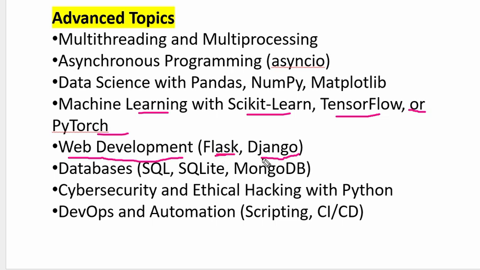Either you can learn Flask or Django. In real time, Flask and Django are both very popular frameworks for Python. So you need to learn at least one framework to get a job in IT.